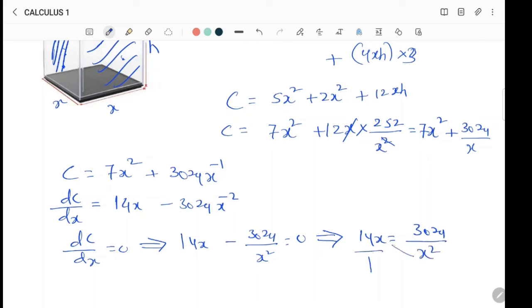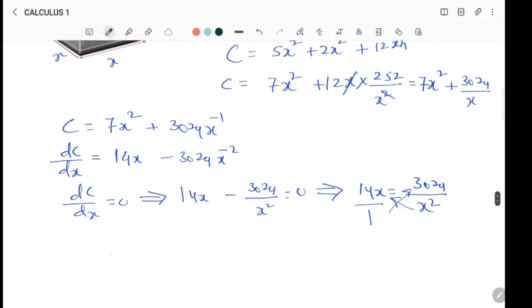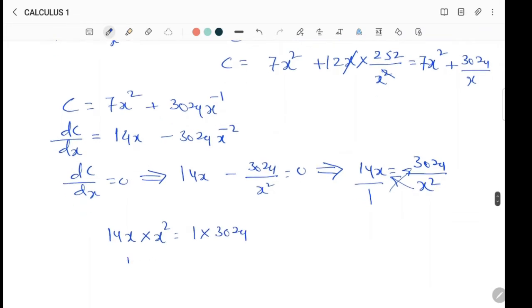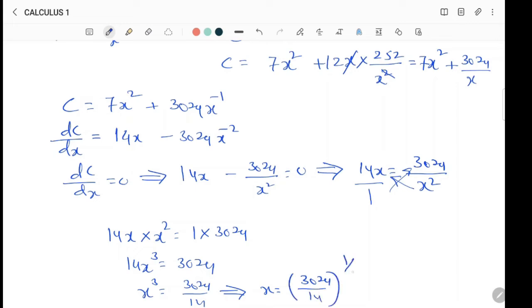Right, now cross multiplication. So 14x times x squared equals 1 times 3024. 14x cube is 3024. x cube is 3024 over 14, and x equals 3024 over 14 to the power 1 over 3, right?